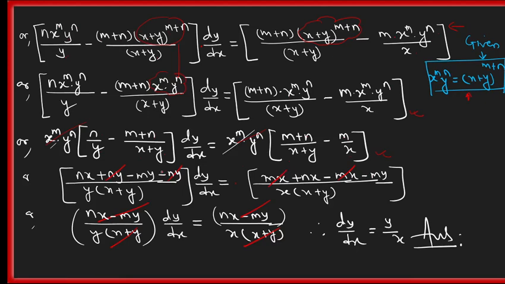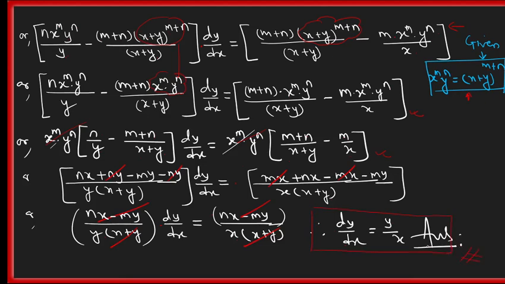Remaining upper is n x minus m y, denominator y times x plus y, dy by dx equal, here also n x minus m y over x plus y. n x minus m y can be cancelled, and x plus y also cancel. So y goes to multiply, x is in the denominator, therefore dy by dx equals y by x, and this is the final answer for this question.